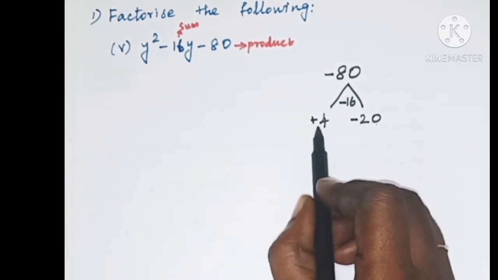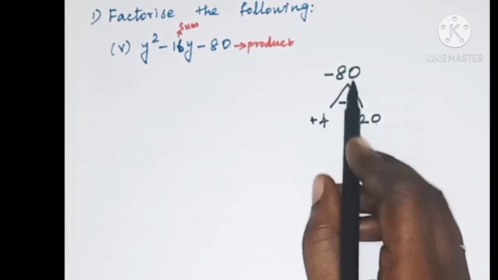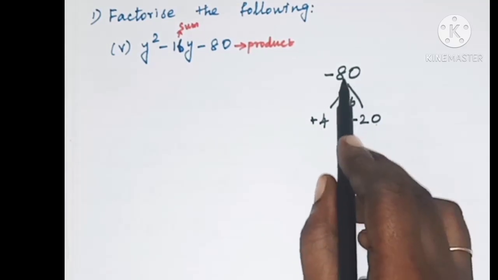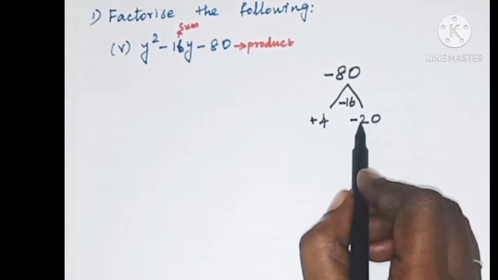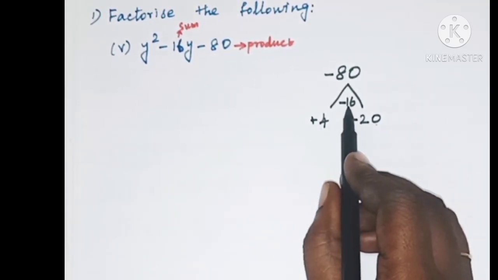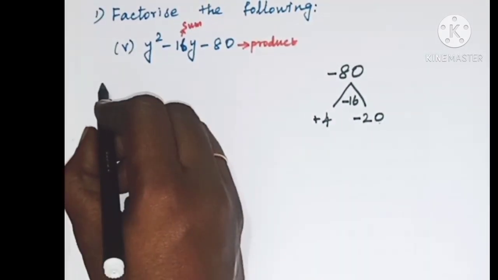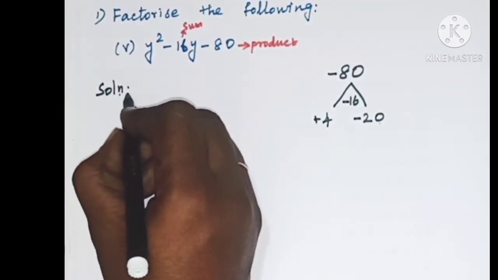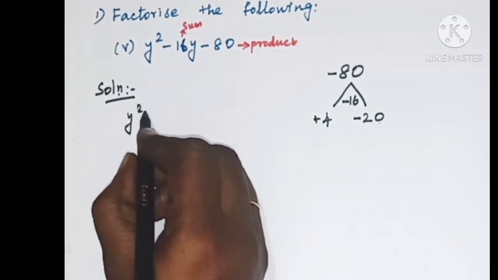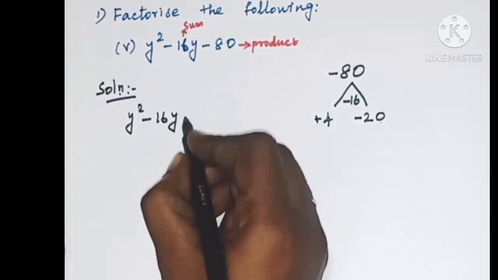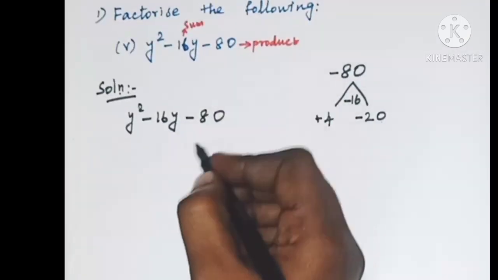Now 4 into 20, plus into minus is minus, 4 into 20 is 80, so minus 80, and minus 20 plus 4 is minus 16. Now the expression is y square minus 16y minus 80. Write that sum as it is.